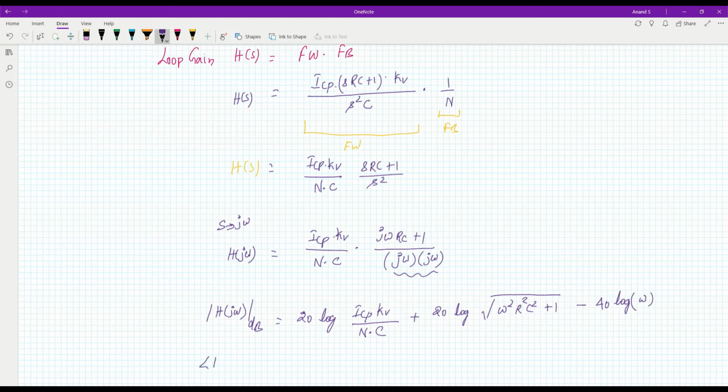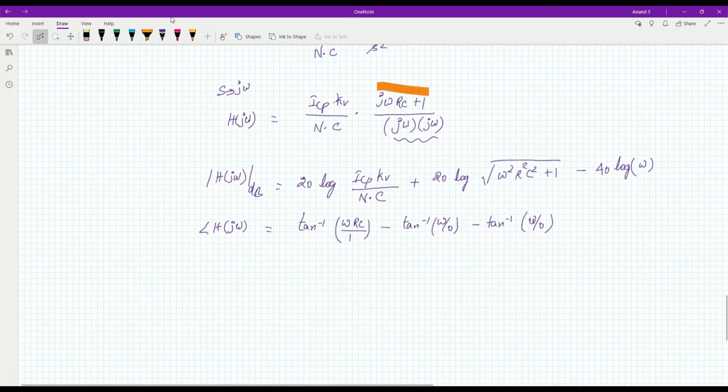And what is the angle? The angle of H of j omega: here you have a numerator term and also a denominator term, so we have to add them one by one. That will be equal to tan inverse of omega RC divided by 1, where omega RC is the imaginary part, minus tan inverse of omega by 0, minus tan inverse of omega by 0.